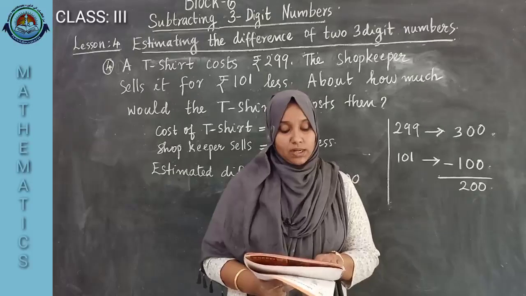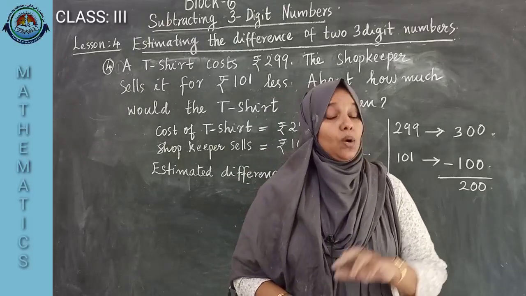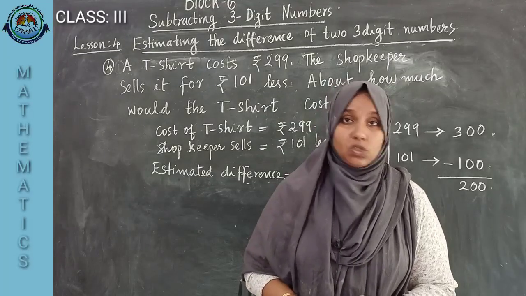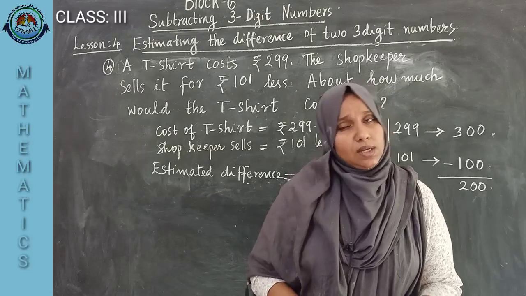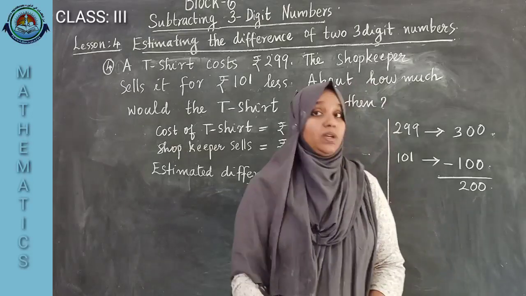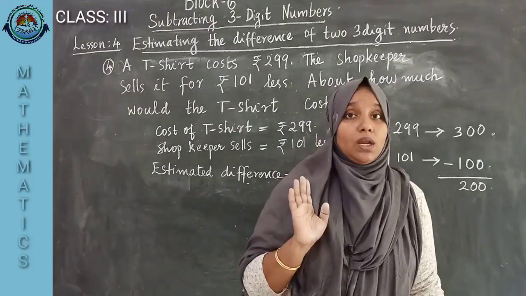About how much did Arna spend on apples? So about is asked, we have to find the estimated difference. Can you do that? Yes, surely you can do. And children, if you have any doubts regarding this estimated difference, you can call me.